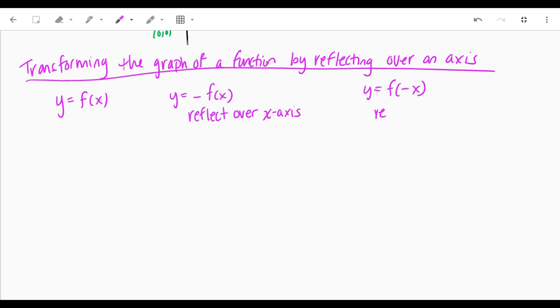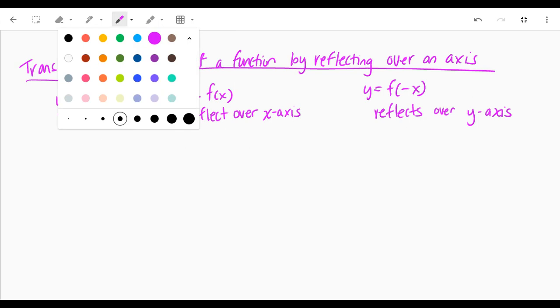Okay, this reflects over the y-axis. Okay, so they give us 2 graphs here.